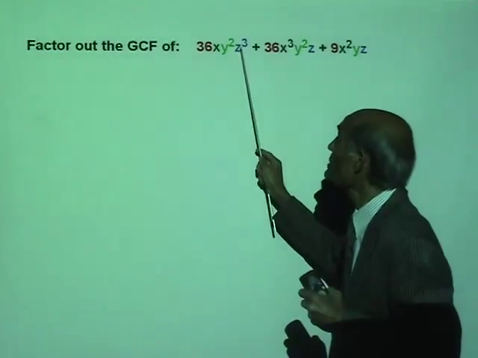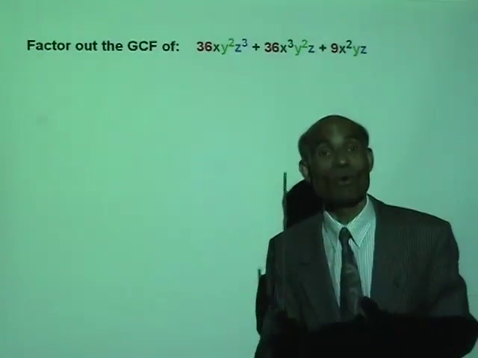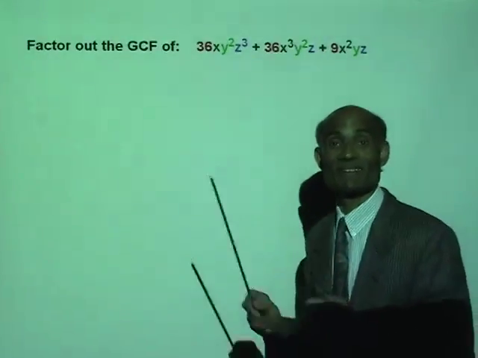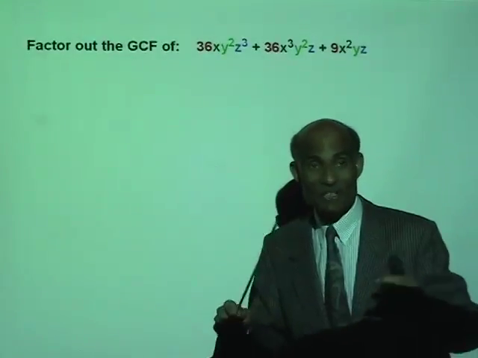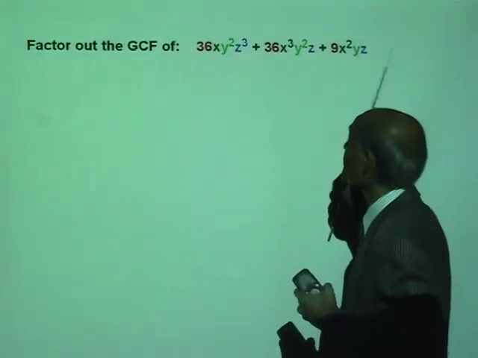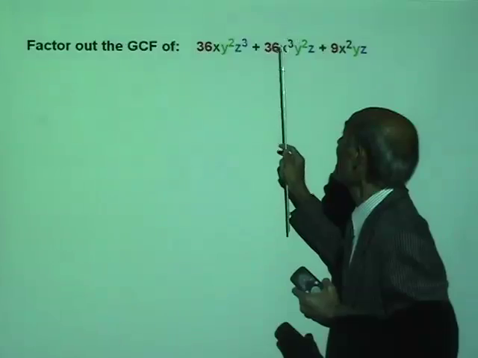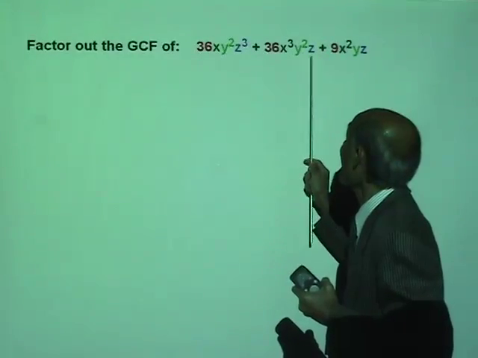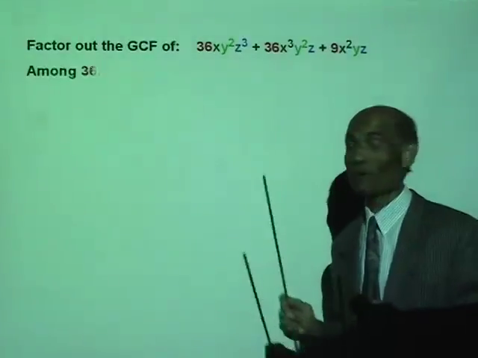And finally, z cubed, z and z. What is the common factor there? It is z. Did you see that? Alright, so what is the GCF of all these three terms? It will be 9xyz. Let's write it down.